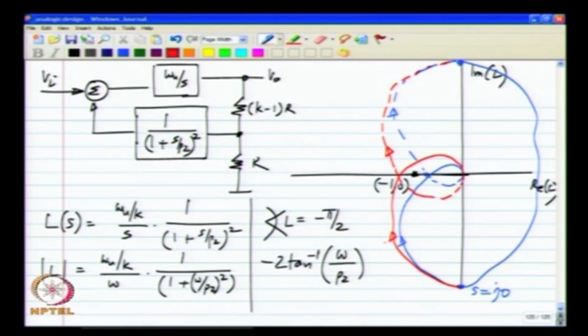Okay. So, clearly here the blue Nyquist plot is not enclosing minus 1, 0, and the red Nyquist plot is enclosing minus 1, 0. Okay. And this is for a smaller P2. A smaller value of P2 means a larger value of parasitic delay due to P2, and the system tends to be unstable. Okay.